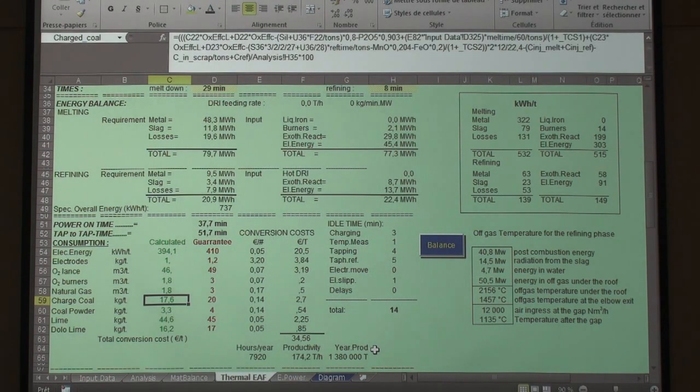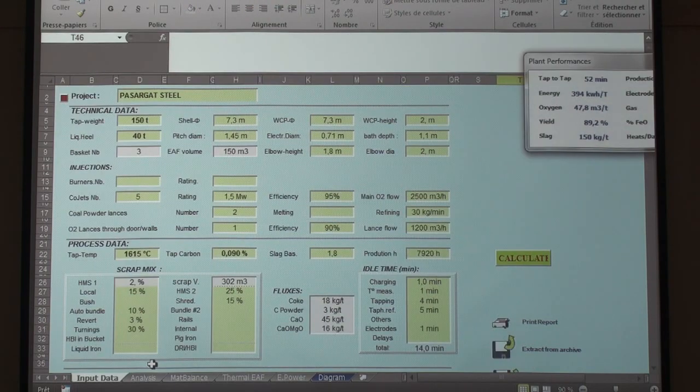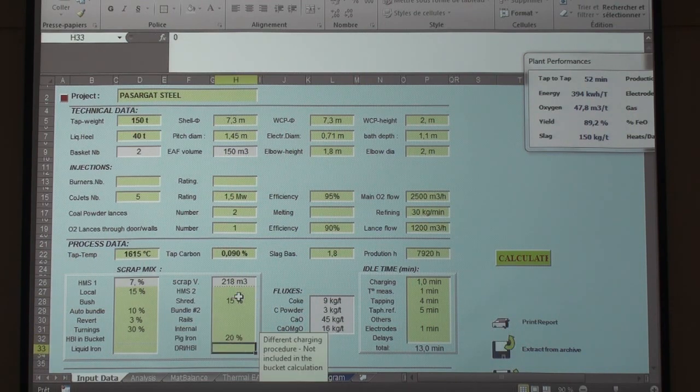I put my oxygen tools, I run my process, and I see how much carbon I need to put. Another example, if I put here some pig iron, solid pig iron. This is a material containing already high carbon. So I don't have so much possibility. So I remove this and I put 20% pig iron.